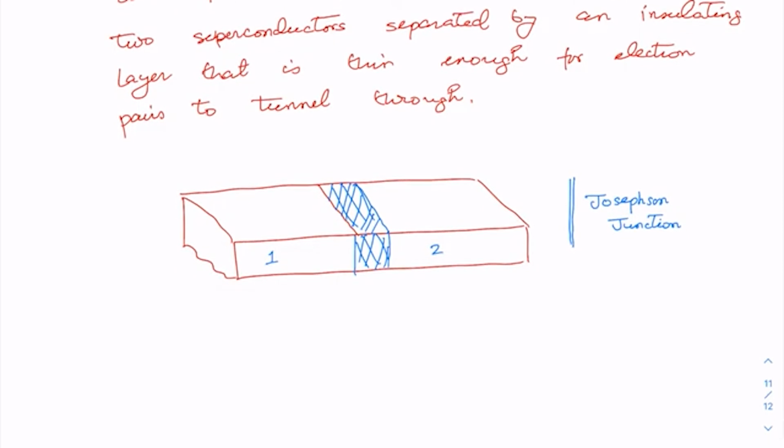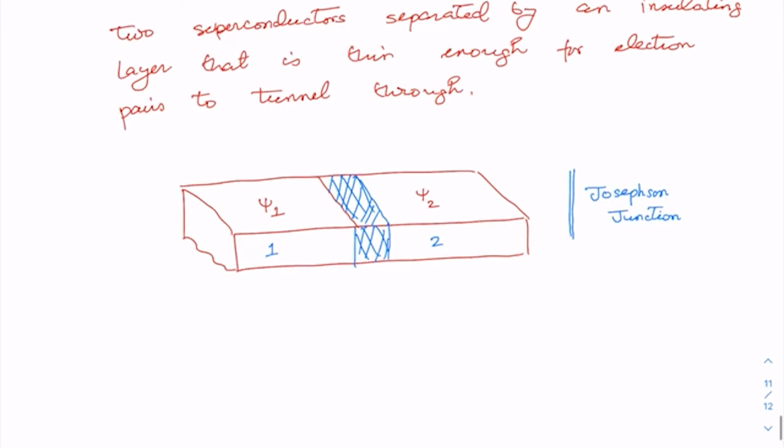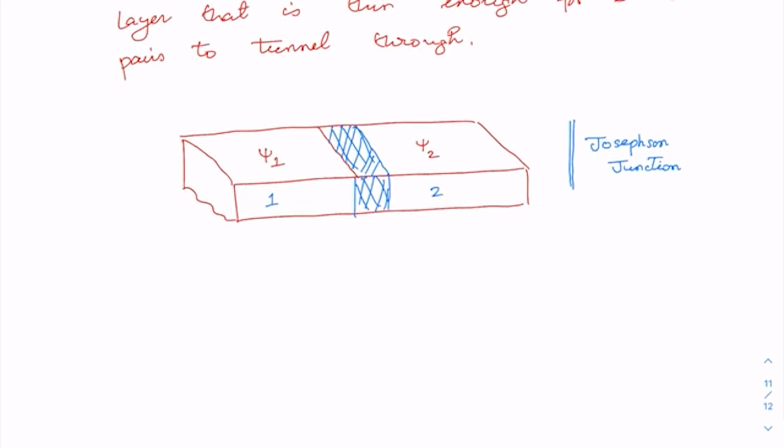Now let us analyze the main features of a Josephson junction. Say the wave function of the superconducting state on this side, superconductor 1, is represented by psi1. I am adopting a very simplified approach just to explain the physics, and psi2 is the wave function describing superconductor number 2. This is going to lead us to describe the dynamics, which is given by a coupled Schrodinger equation.